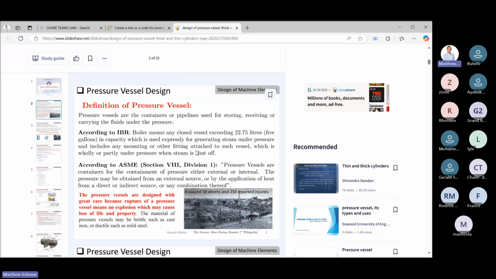In fact, they have a definition of pressure vessels, and it's over there, and it states that pressure vessels are containers for the containment of pressure, external or internal. Very important. The pressure may be obtained from an external source or by the application of heat from a direct or indirect source, or any combination thereof.